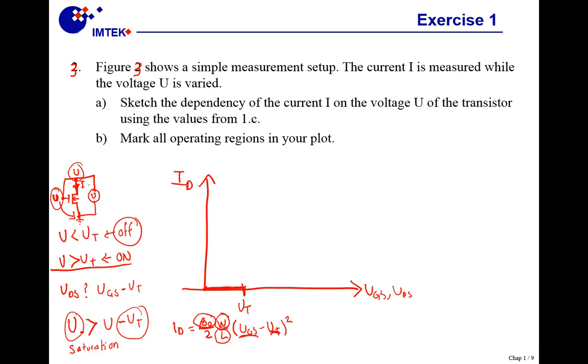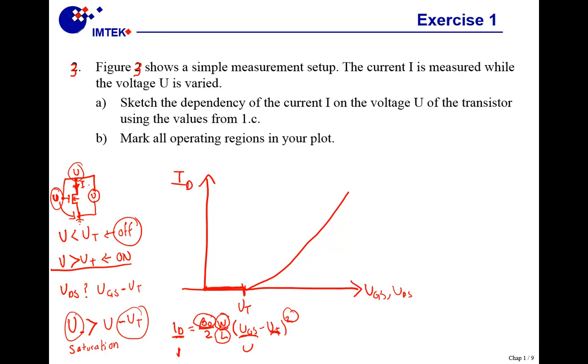So therefore, the relationship between ID and UGS is the same as the relationship of I and U. And as you can see, you have a square here. So this would mean that after the transistor gets on, we will have a square function. I am not a very good drawer, but this is supposed to be a square function.